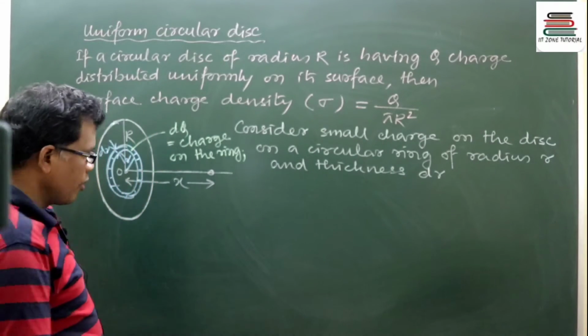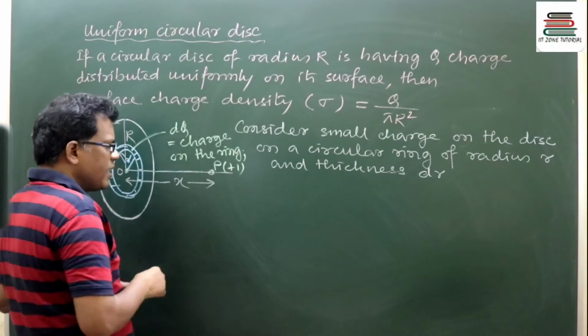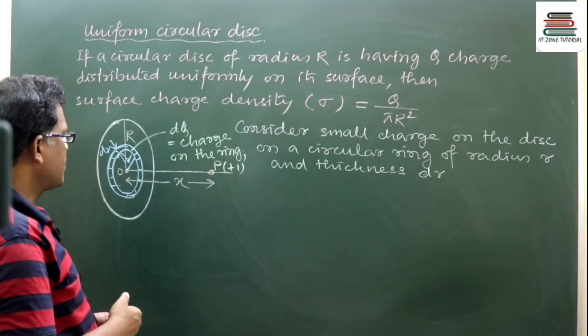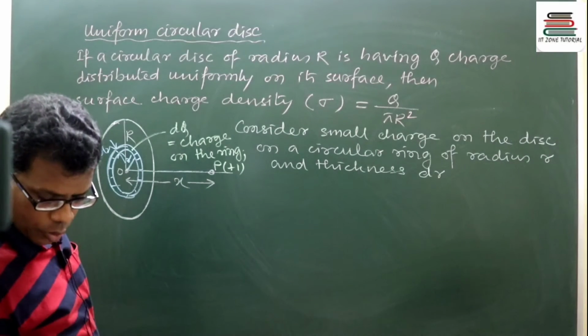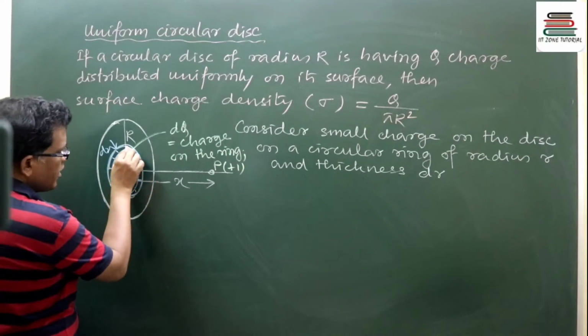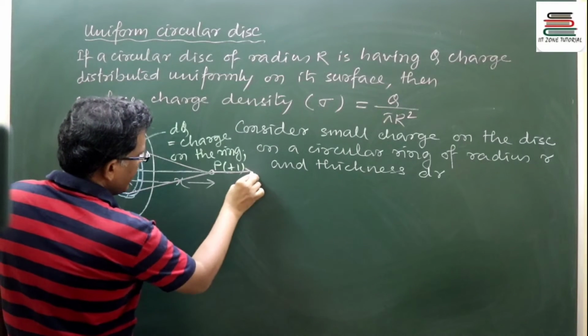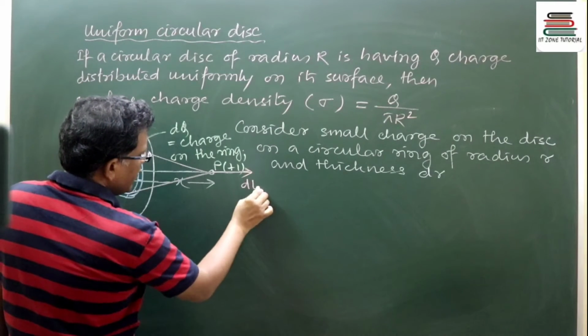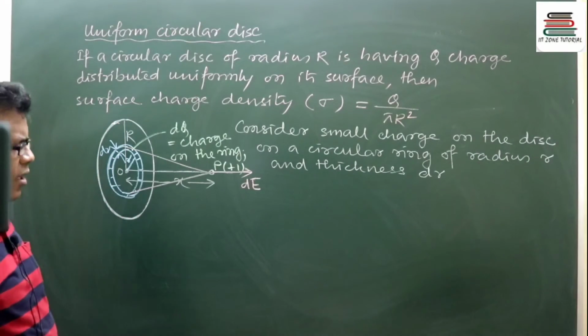If you are trying to know the electric field at P, then we can assume a +1 test charge at this point. That means due to the dq charge appearing on this ring, we can find an electric field expression dE, what we have already done in our previous discussion.